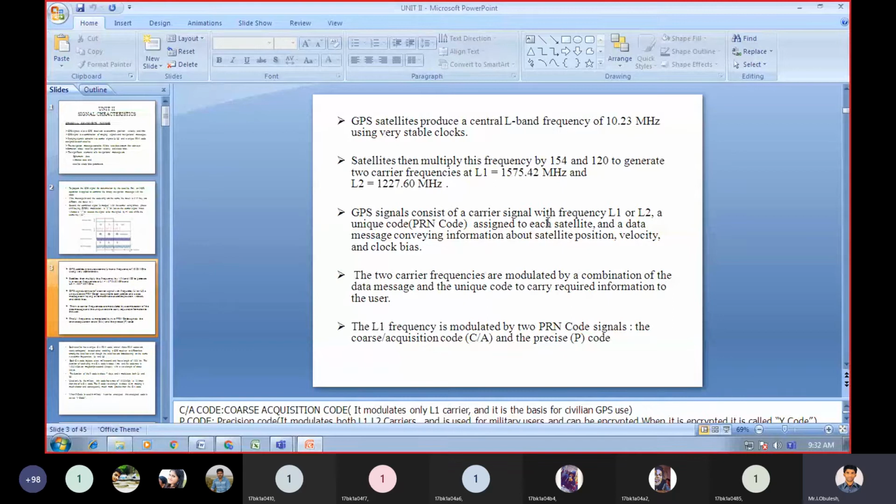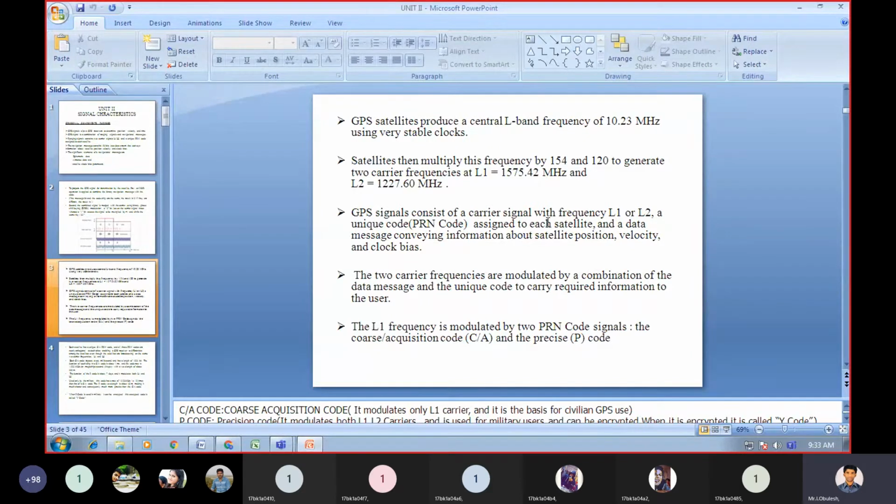Those two code signals are the C/A code and the P code. The codes are the coarse acquisition code, also called the civil or clear access code, and the precise code, or protected code.